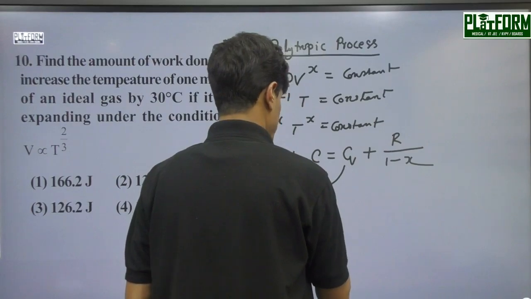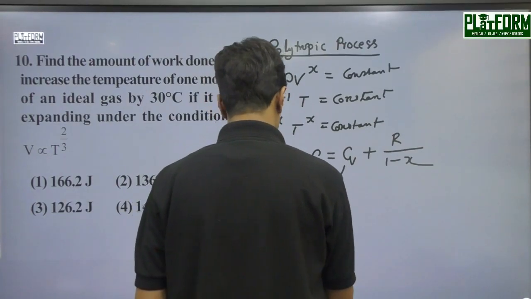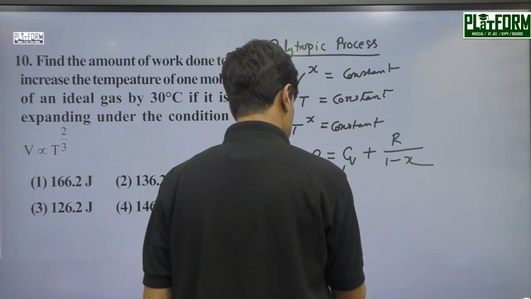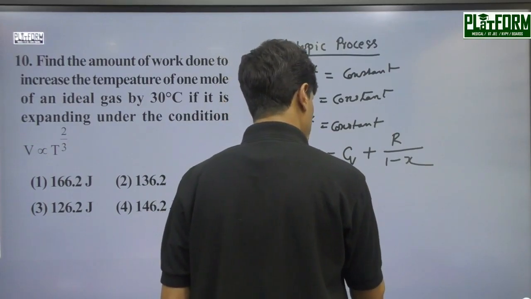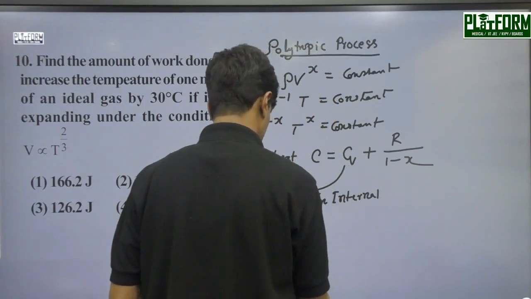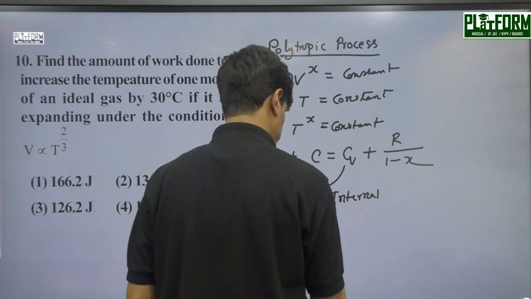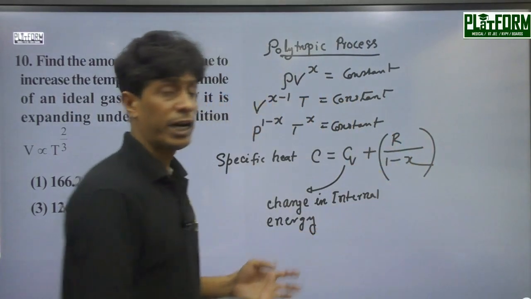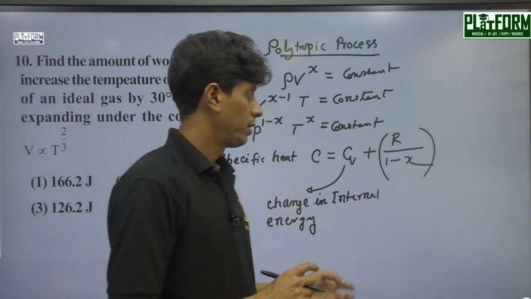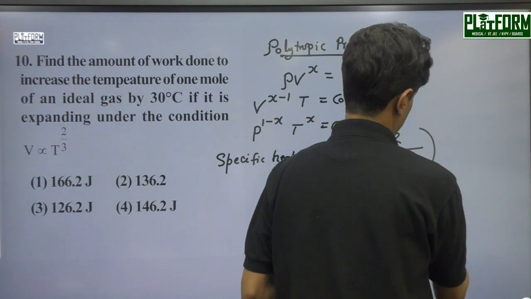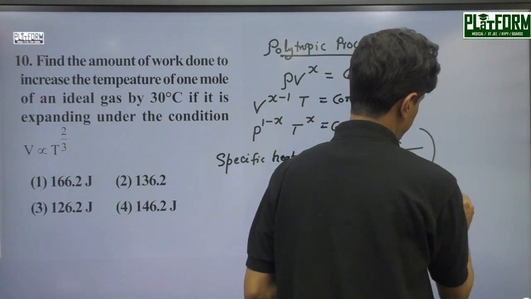You should keep in mind CV actually corresponds to the change in internal energy, and the part R by 1 minus x corresponds to work done.